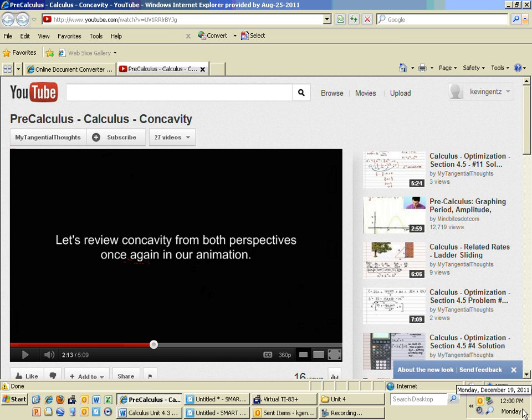Let's not review it anymore. Let's go straight to our worksheet, which I gave you. Let's try a couple of problems. Make sure that you have out your graphing calculator as well.